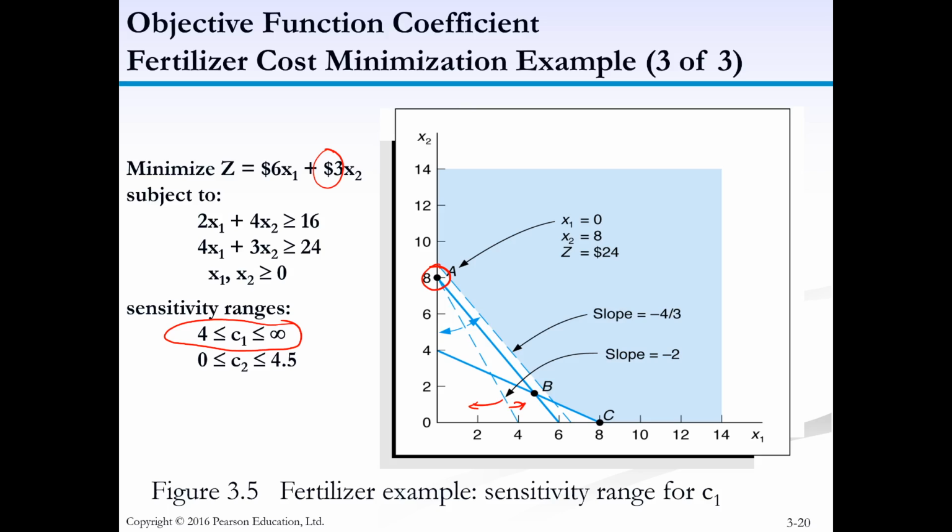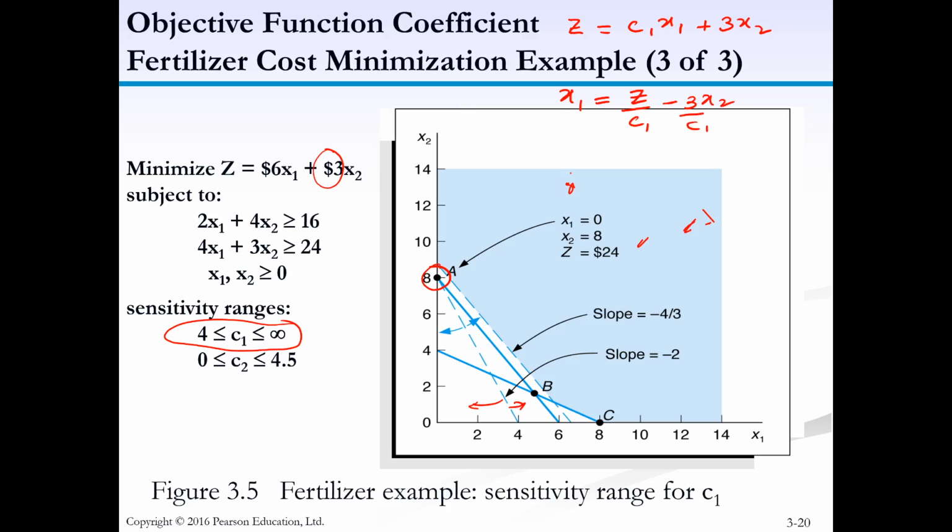Now, how do we do it? The same process we can repeat. We have Z = C1x1 + 3x2, and from here we get x1 = Z/C1 − 3x2/C1.